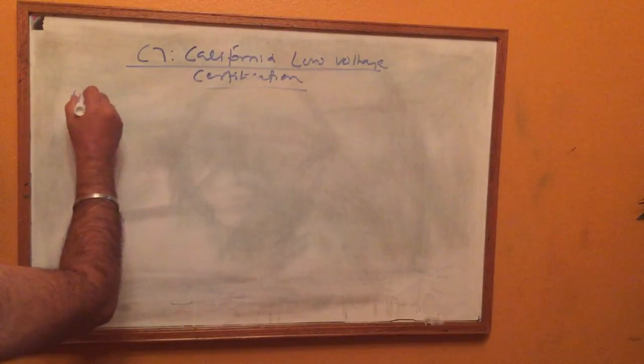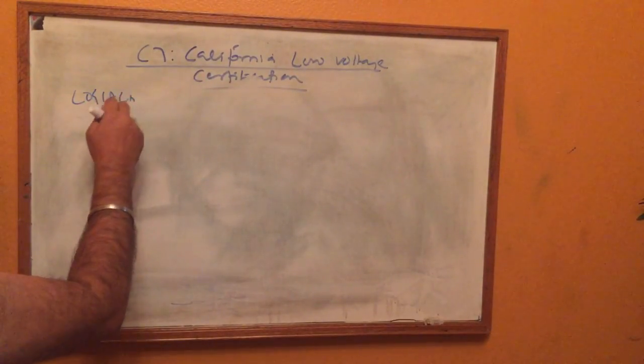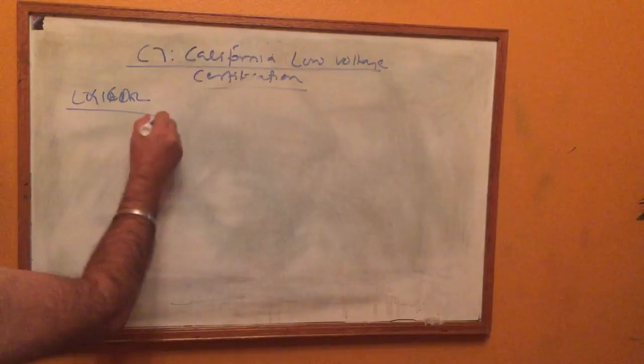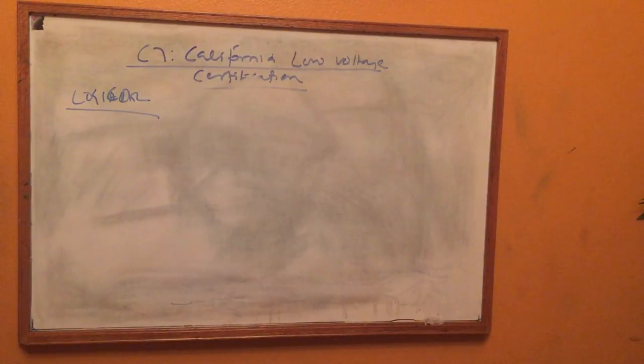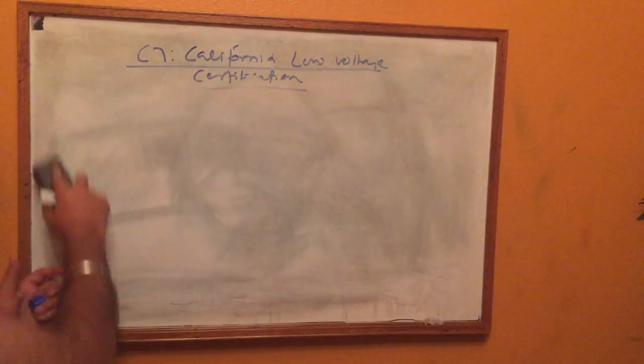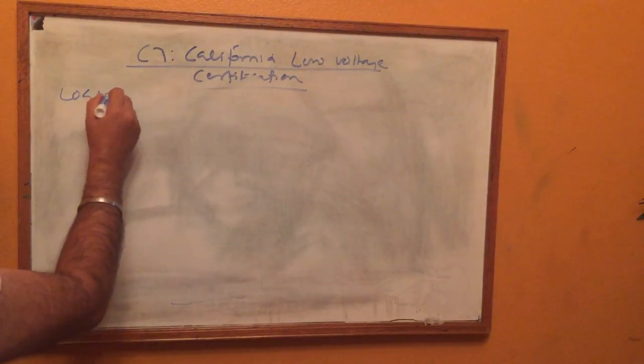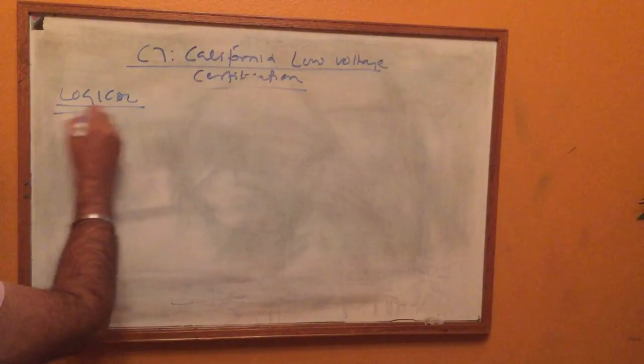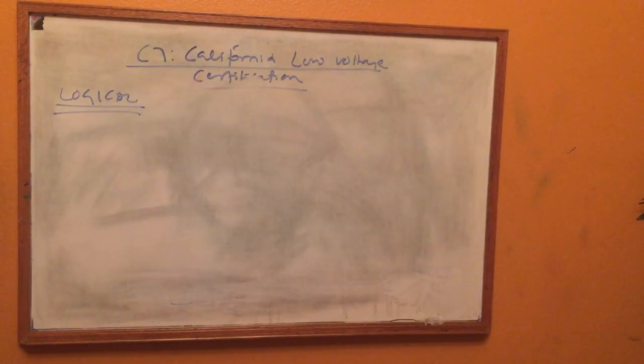Let's go to the logical connectivity of the networks. Before we go there, I would like to talk about IP addressing, when we talk about logical networks. We are done with the physical connectivity. Now we are talking about logical connectivity.